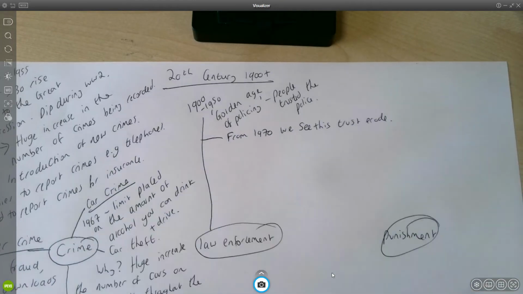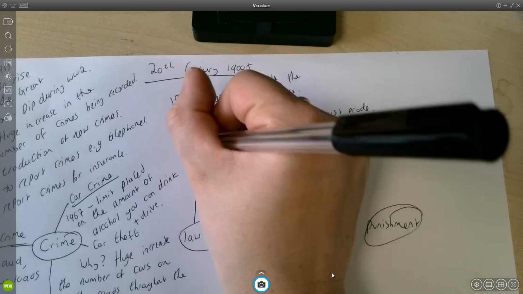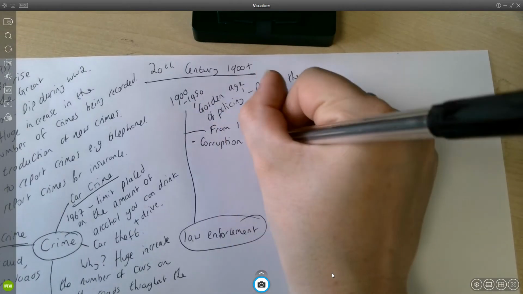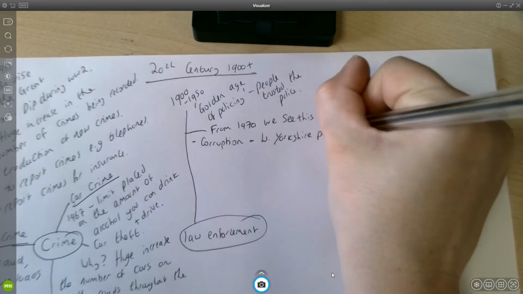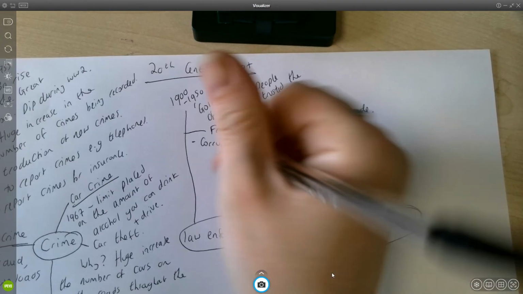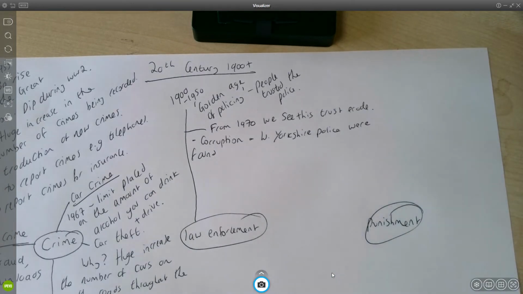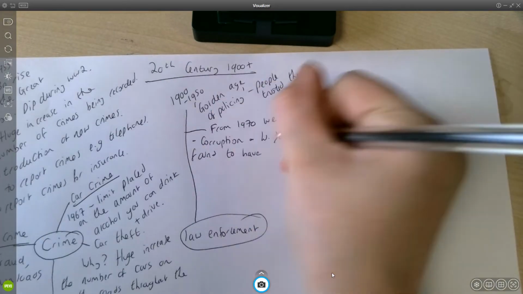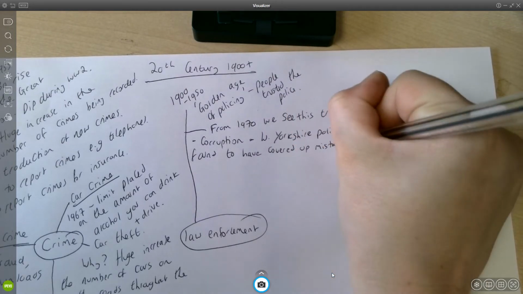And again, there's a number of reasons for this. For example, there's been elements of corruption. One example was West Yorkshire Police were found to have covered up mistakes made at Hillsborough at a football match, and this led to the death of 96 people.